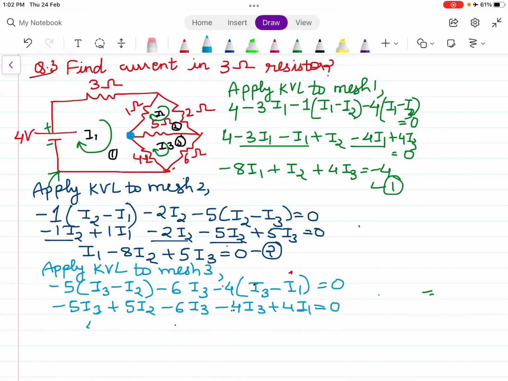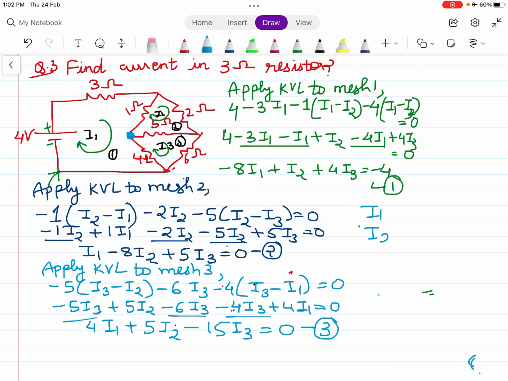So this will be 4 I1 plus 5 I2 minus 15 I3 equal to 0. This is equation number 3. 3 equations and 3 unknowns. So find the value of I1, I2 and I3.